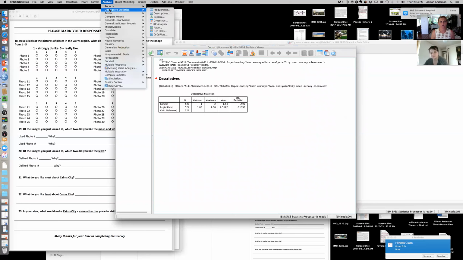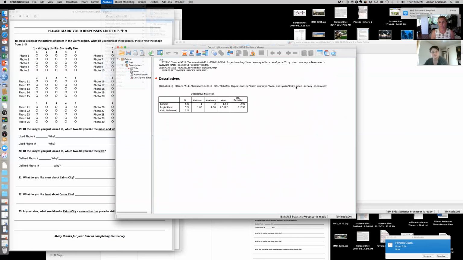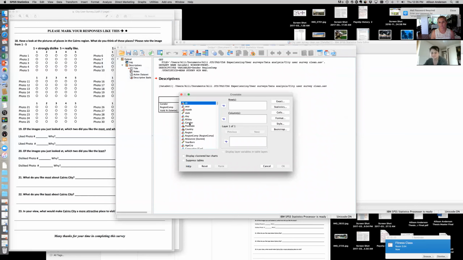I can then go in again and look at crosstabs, and I can go, okay, male and female people from, here we go, region. Okay, and we can have a look.